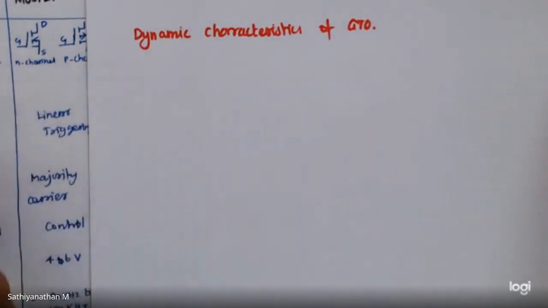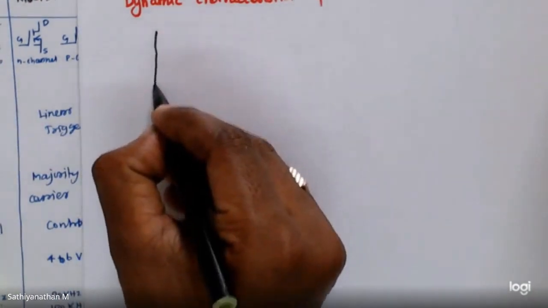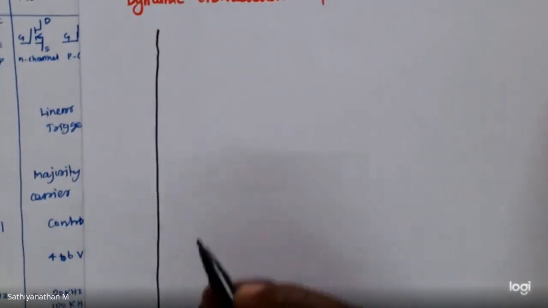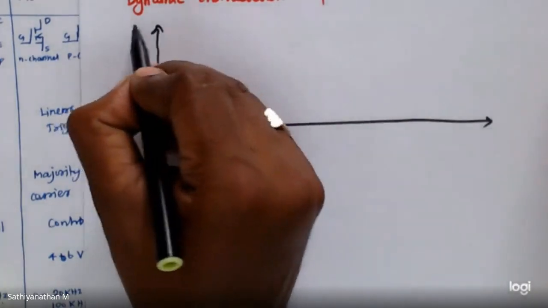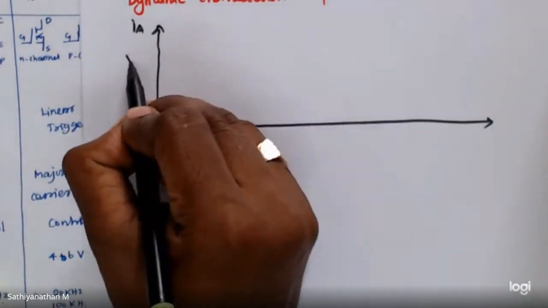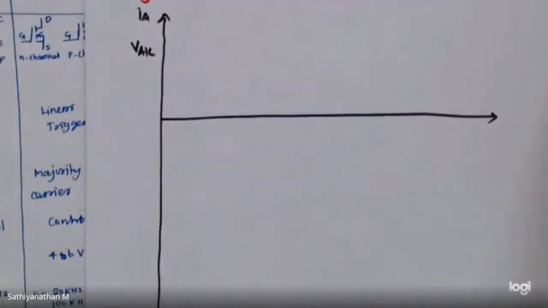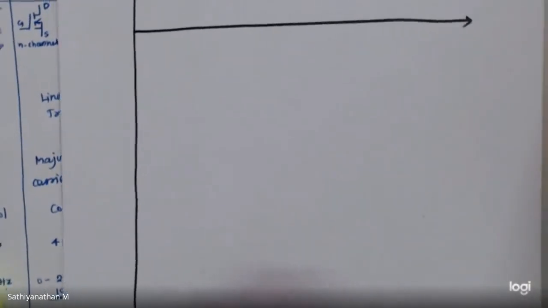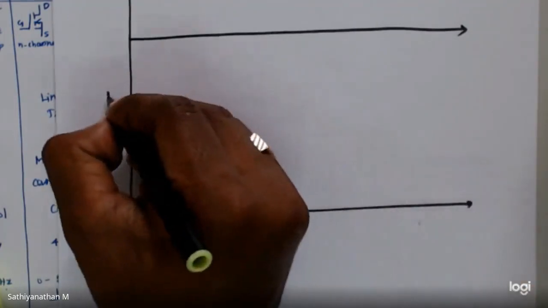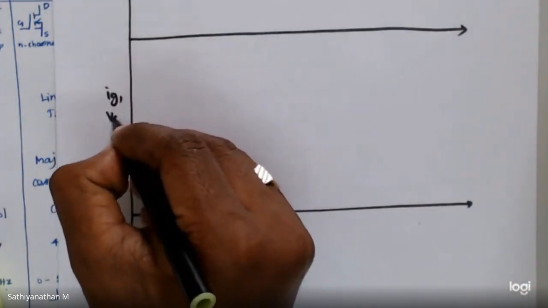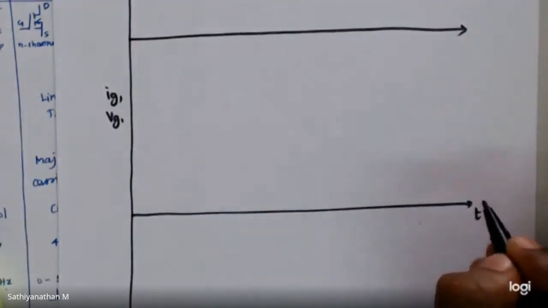So we can take two graphs. Okay, so this belongs to your anode current and anode cathode voltage, and the second graph indicates your gate current and gate voltage magnitude.